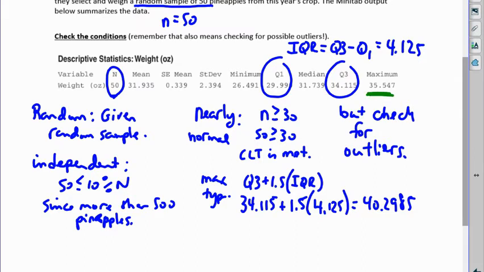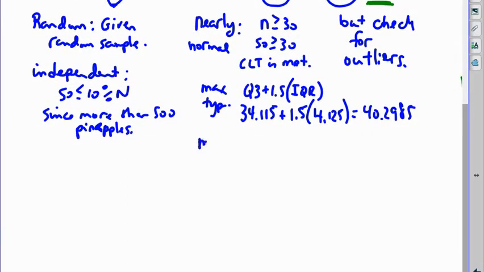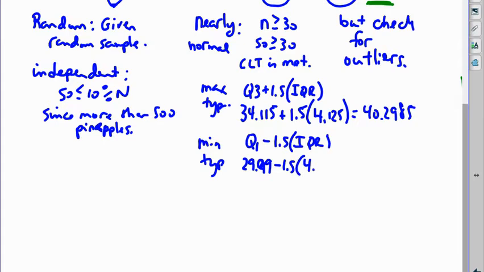That is within that value. Now let's check the min. The minimum is going to use the Q1 and subtract the 1.5 times the IQR. So that will be the Q1 minus 1.5 times 4.125, and that is 23.8025.